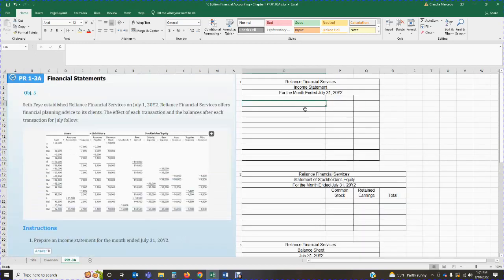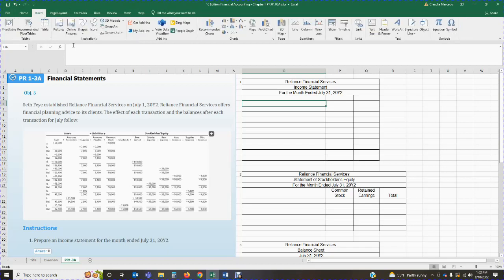Let's begin with the first financial statement, which is our income statement. In our income statement, we include two things: revenues and expenses. Just remember that two things go into your income statement: revenues and expenses. We're going to look at the information provided and start off by locating my revenues.